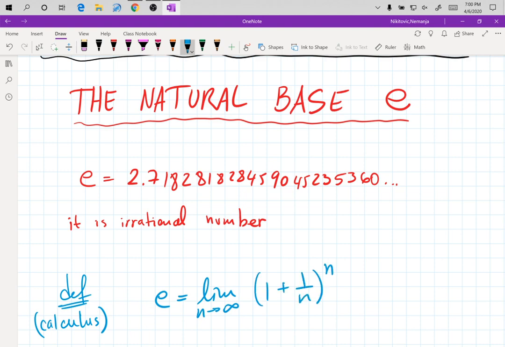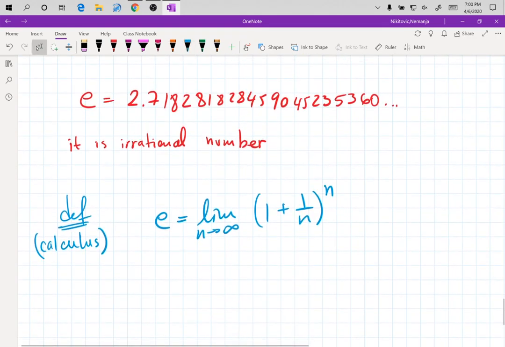This is the definition for the number, but we are not going to need it in this course.